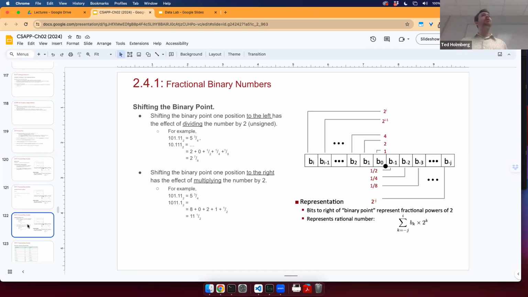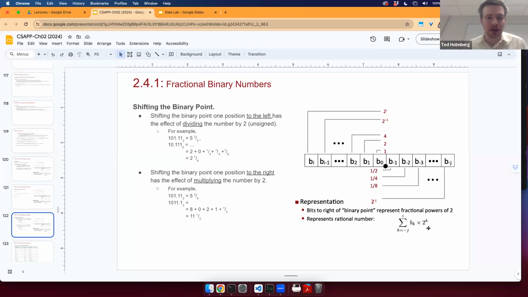It's a similar concept for how we shift those points and the effect it has on the binary representation, which is again why we use this multiplicative property of 2 to the power of k in our representation.